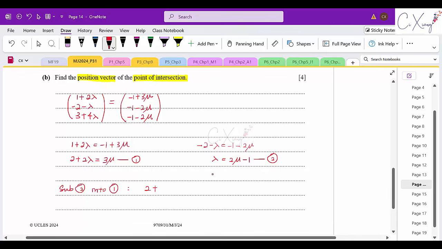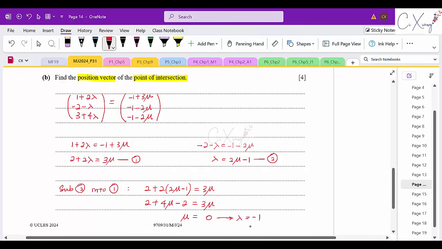So 2 plus 2 lambda, and from here you get the value of mu, which is equal to 0. Then what's the value for lambda? The value is negative 1.